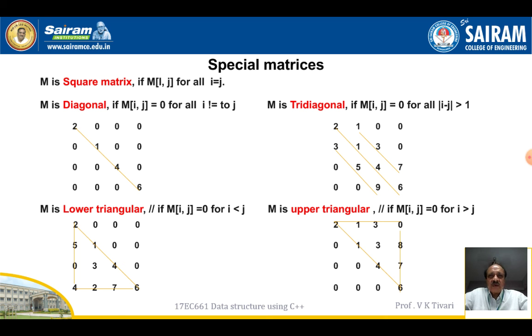M is an upper triangular matrix where the diagonal and above all have values, whereas below the diagonal all the elements are 0. For that we can write the condition as M(i,j) equal to 0 for i greater than j.